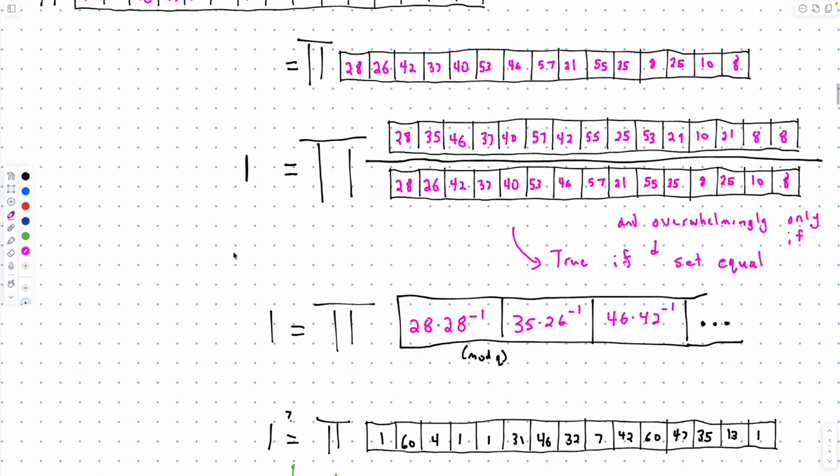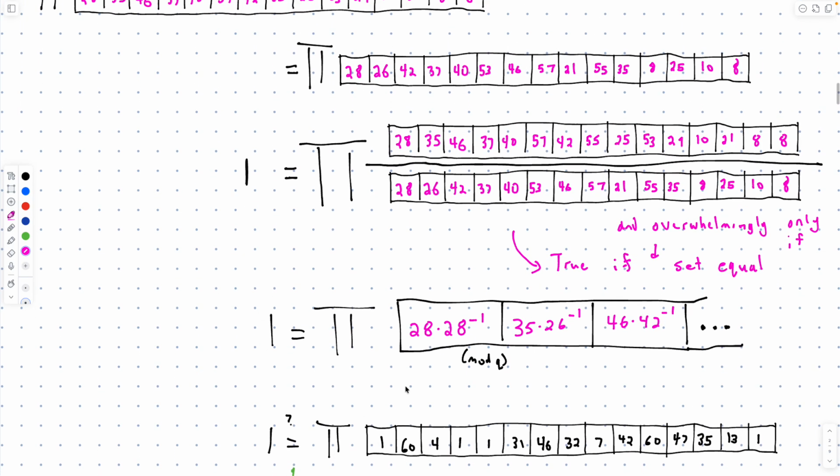Okay, so if I were to do this, I would end up with this array. And so now what I'm asking is, if I multiply all of these numbers together mod Q, is that going to give me 1? If it gives me 1, then these two things have to be set equal.